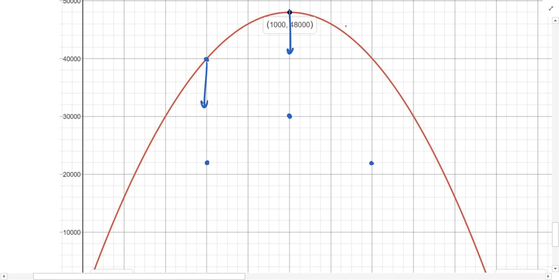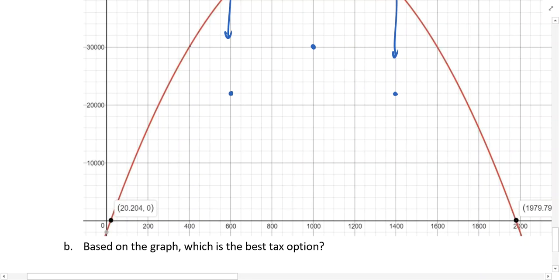So this data point dropped down 18,000, and this one dropped 18,000. And every other data point along the way is going to be reduced by 18,000. There ended up being a couple other data points that were fairly obvious.